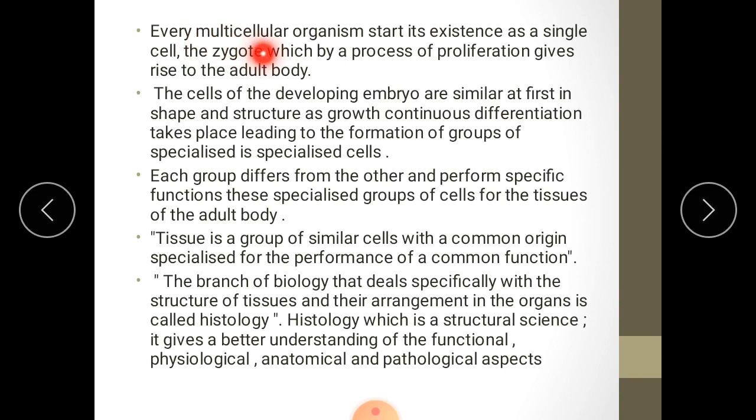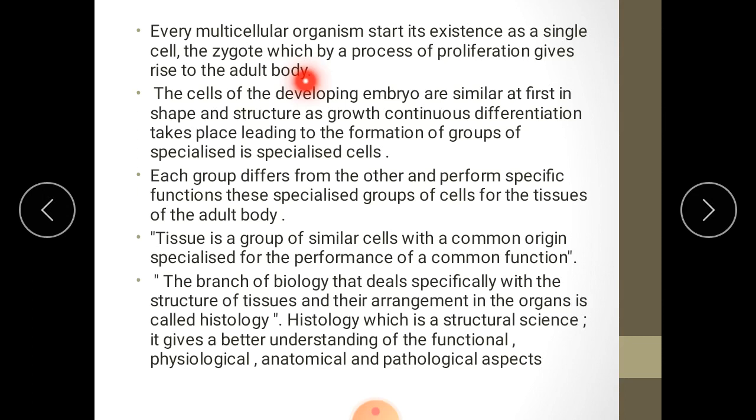Every multicellular organism starts its existence as a single cell, isn't it? The zygote, which by a process of proliferation gives rise to the adult body. You take any multicellular organism, whether it is mammals or amphibians or fishes or whatever it may be.